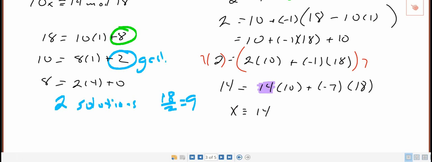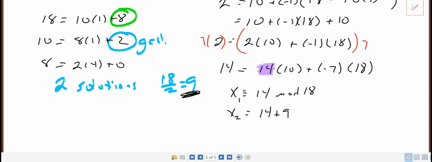So x is going to be 14 mod 18, which is 14, right? Now if I want the next ones, then if I call that x1, then x2 is going to be 14 plus 9. I'm getting that from the 9 I found over here. Okay. So 14 plus 9 would be 23. Mod 18 would be 5.